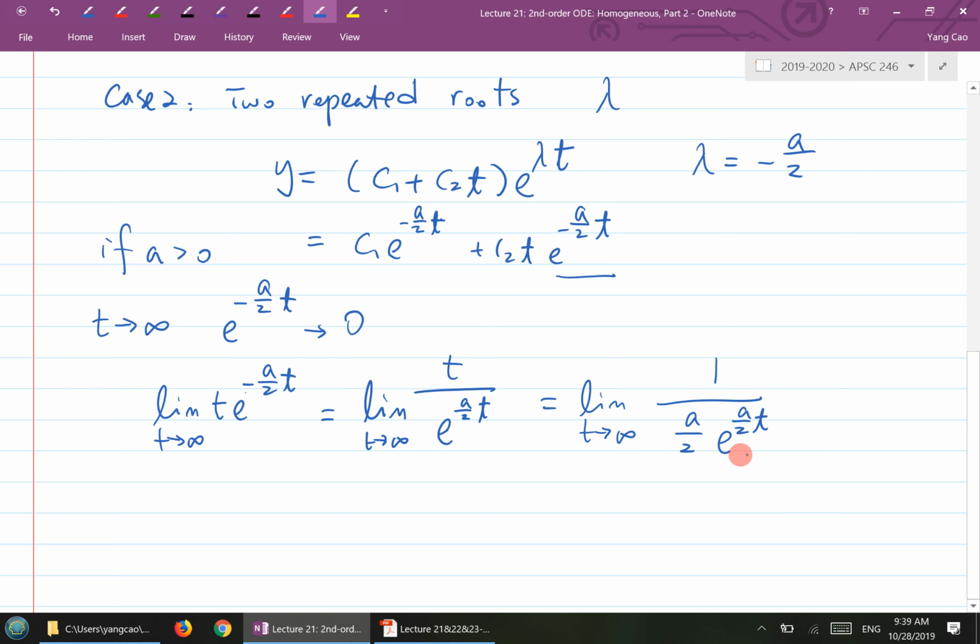As t goes to infinity, the denominator becomes positive infinity, so 1 over positive infinity is 0. So this shows that when a is greater than 0, the second term will also go to 0. In other words, as t approaches infinity, y will approach 0, if a is greater than 0.